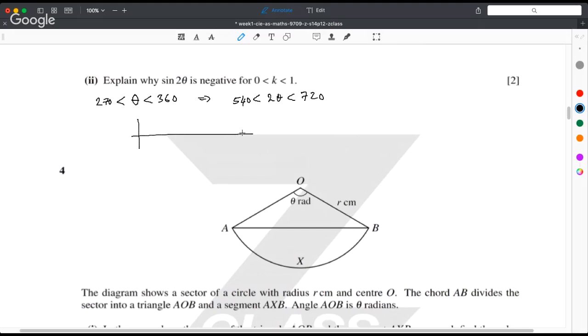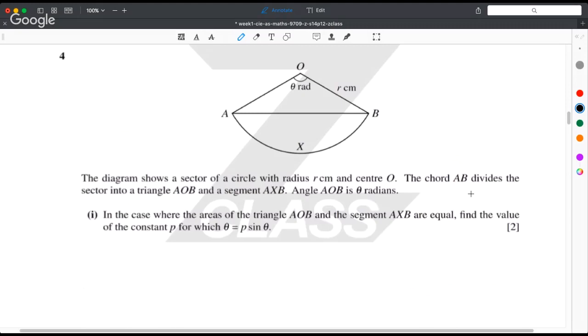And if you draw out the sine function, that's 360, that's 720, this is 540. So the region that you're interested in is this one, and you see that it's always negative.